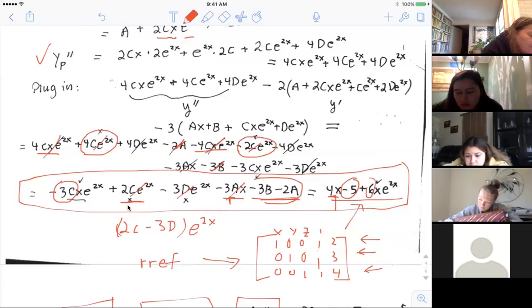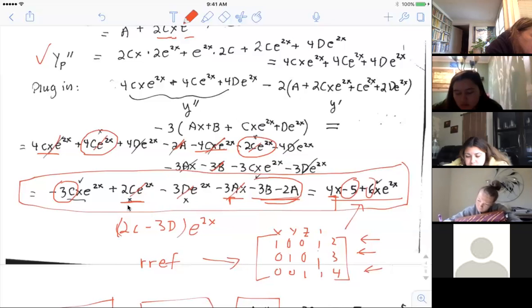I do have another e to the 2x. Let me see, where did I go? Oh, look at this. I'm going to start circling again. These two lines go together, so I'm going to look at the d terms.